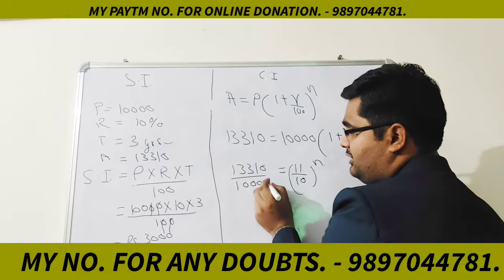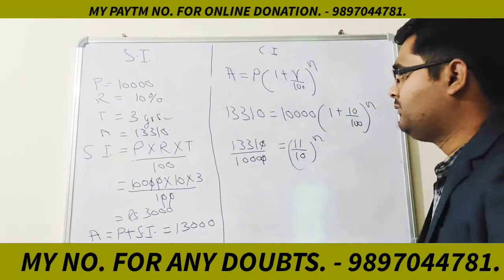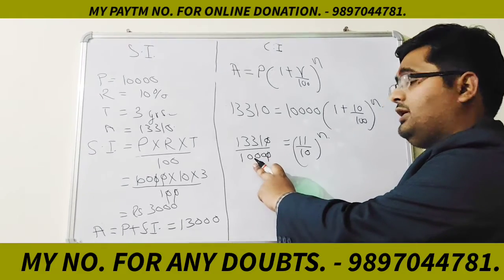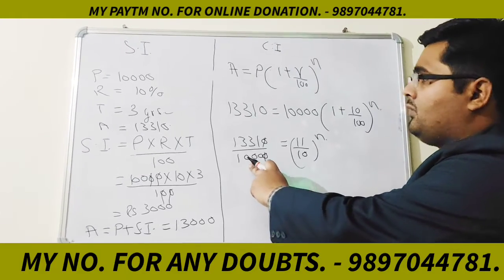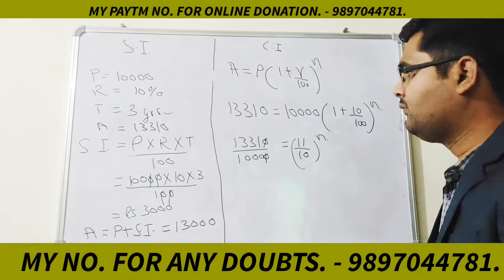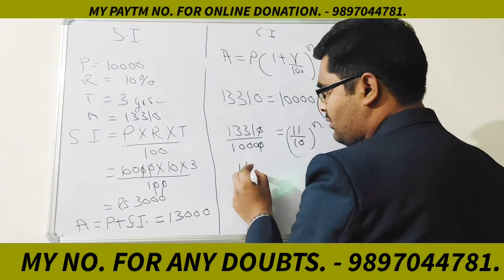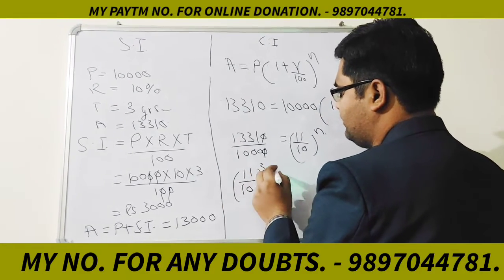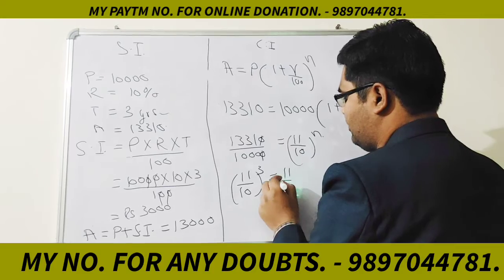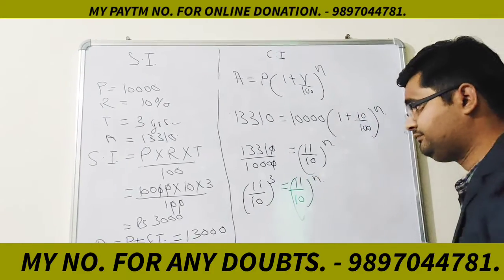Now firstly this 0 and this 0 get cancelled. Now you know 1000 is the cube of 10 and 1331 is the cube of 11. So you can write 11 upon 10 whole to the power 3 equals 11 upon 10 whole to the power n.